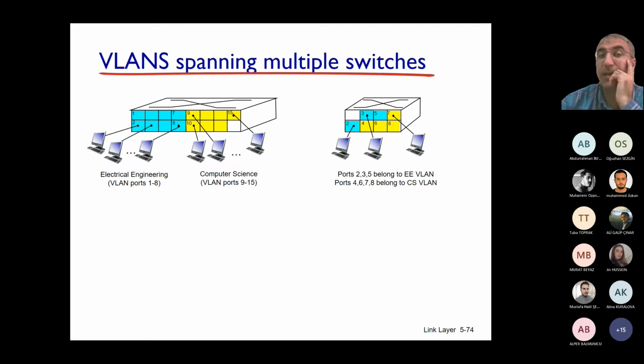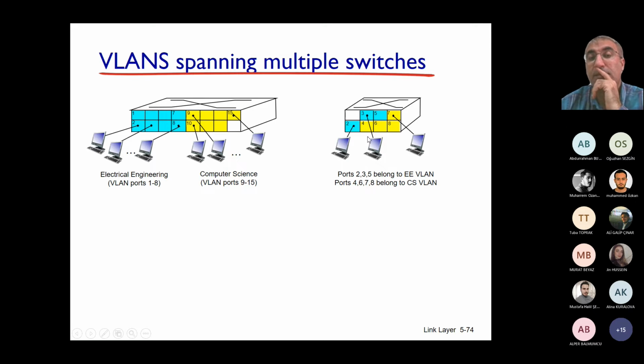Okay, you can span these VLANs over multiple switches. Like in this case, we have two switches: one of them is 16-port, the other is 8-port. They are two separate physical switches, and you can assign different users to the different switches to create the VLANs.